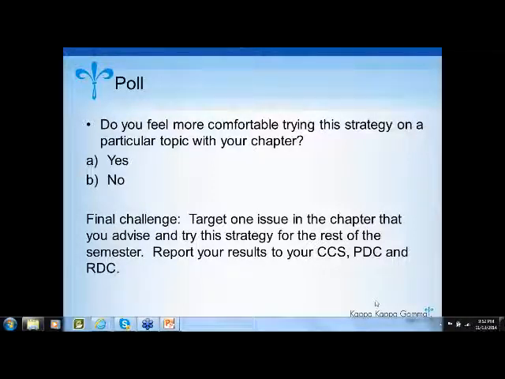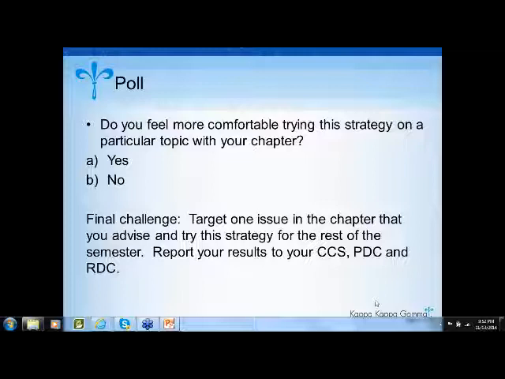We're toward the end of the semester at this point, but maybe next semester, if you would do that, and then report your results to us, just say, hey, I listened to the webinar, and we tried to use this middle member strategy with raising our GPA or getting more people involved with our philanthropy, or we needed to change an event and we engaged the chapter.